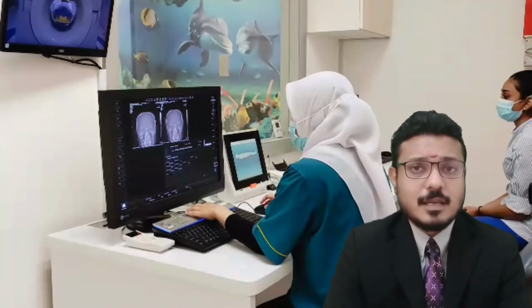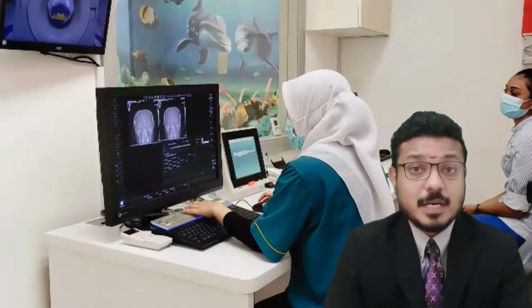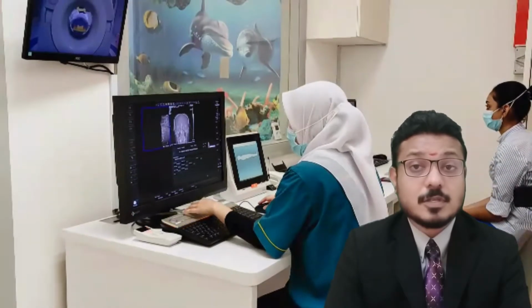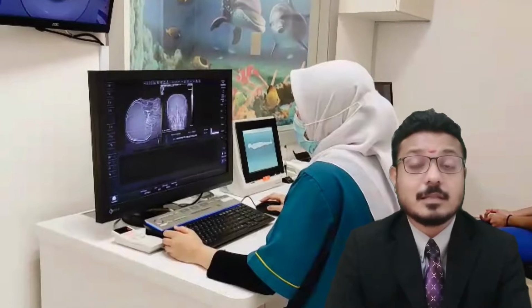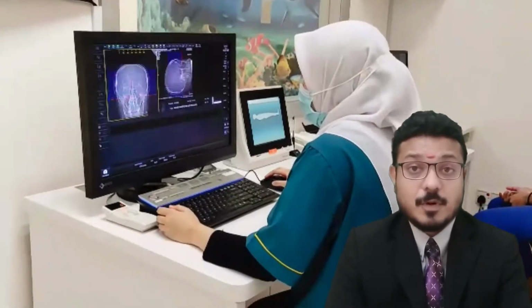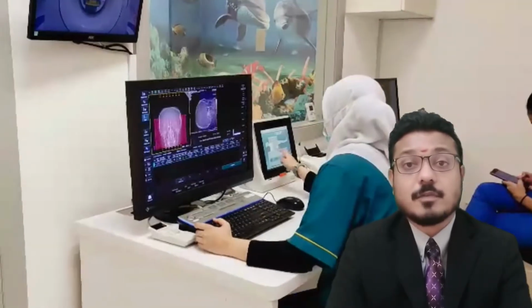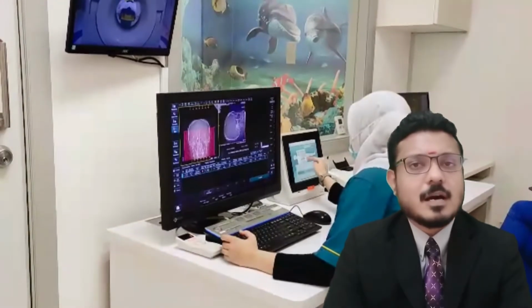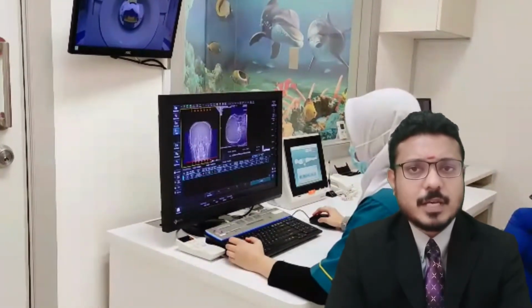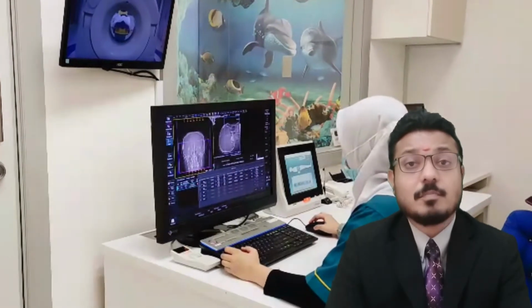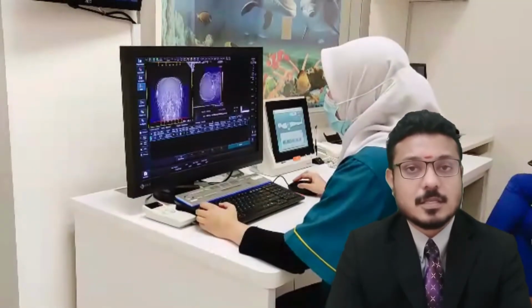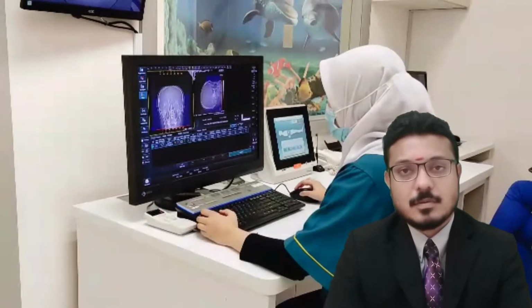A CT scan has many uses, but it's particularly well suited to quickly examine people who may have internal injuries, maybe from car accidents or other types of traumas. A CT scan can be used to diagnose diseases or injuries as well as to plan medical, surgical or radiation treatment.